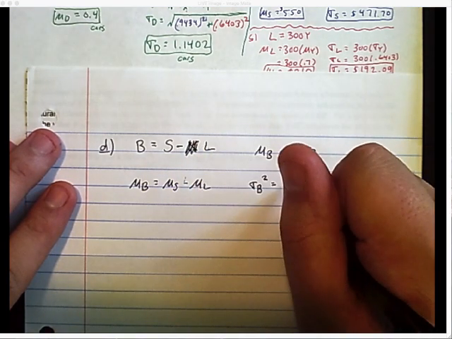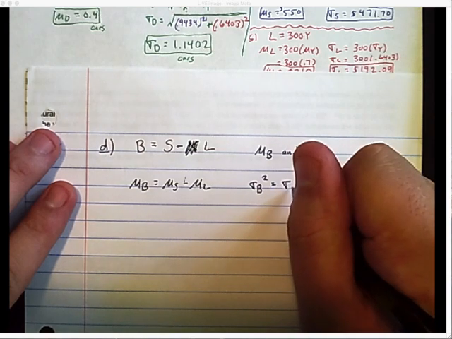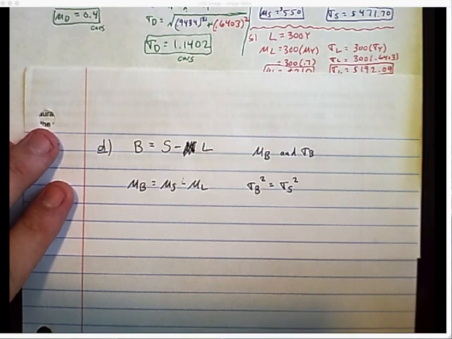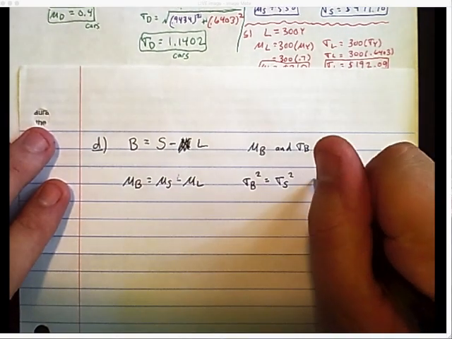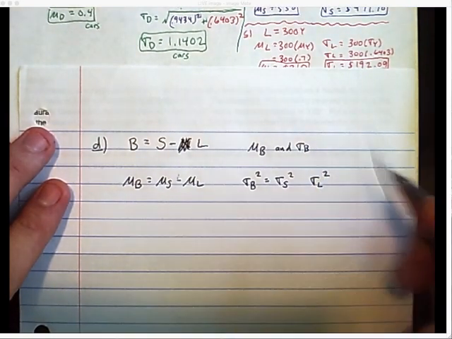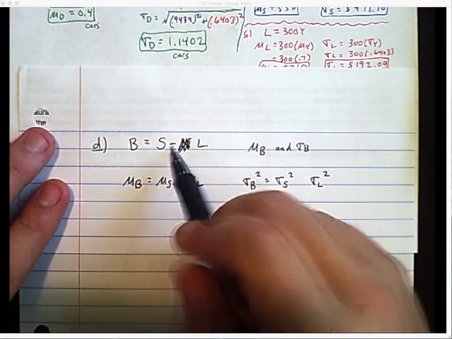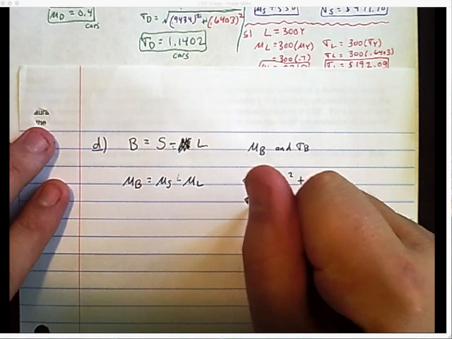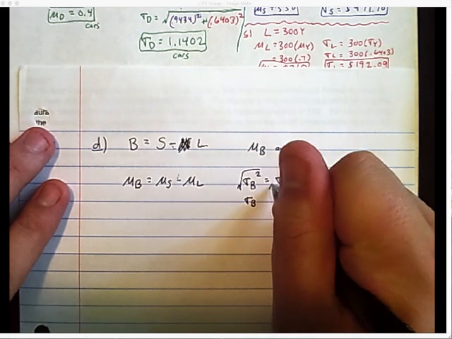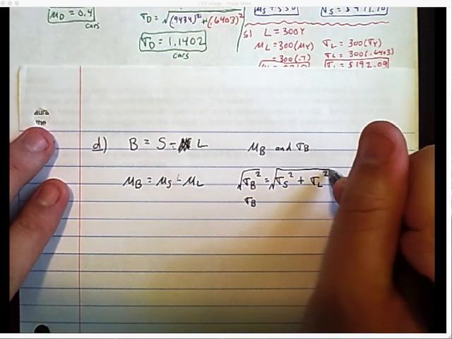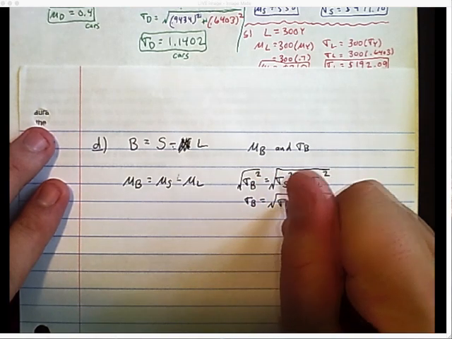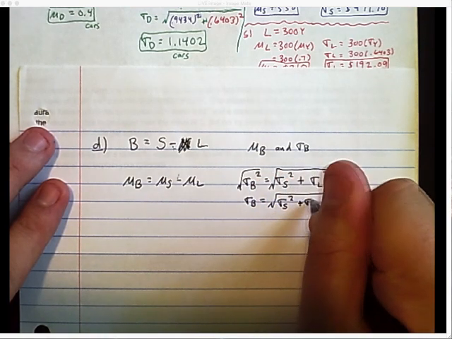So we would have to take the variance of S and the variance of L, but we never subtract. Even if this is a minus, this always is a plus. So if I want to find sigma sub B, I have to take the square root of both sides. So sigma sub B would equal the square root of sigma sub S squared plus sigma sub L squared.